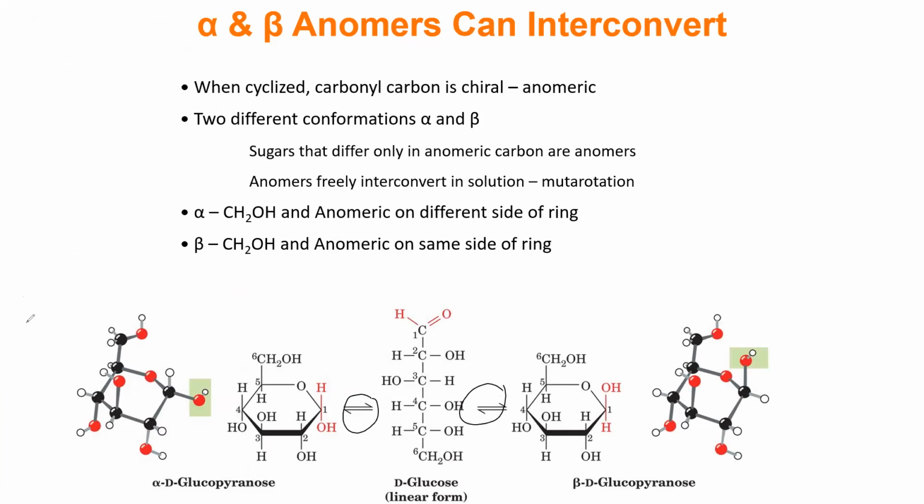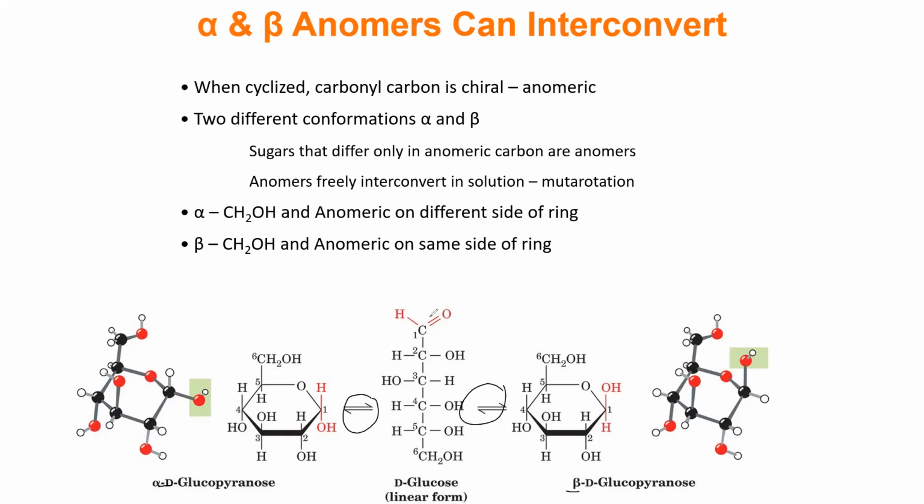And what this means is that the alpha and beta sugars can also change inside the cell. What I mean by that is that, let's say you're glucose and you're in linear form, and then that cyclization event happens.